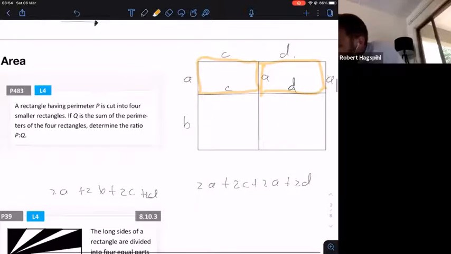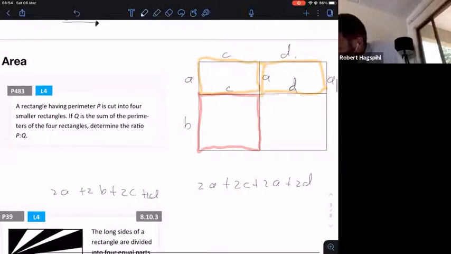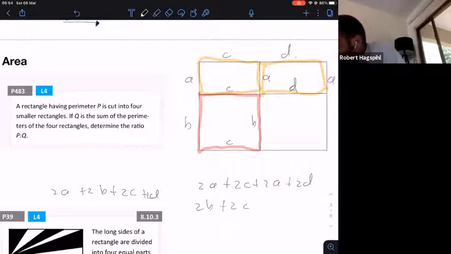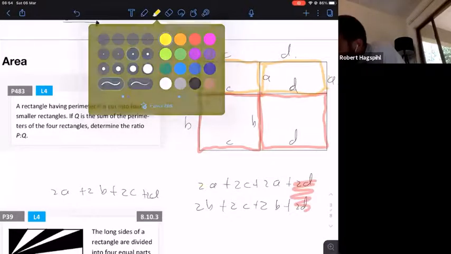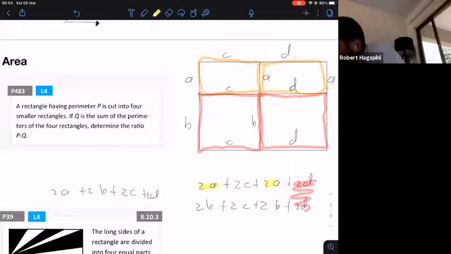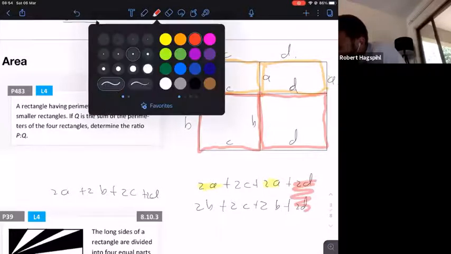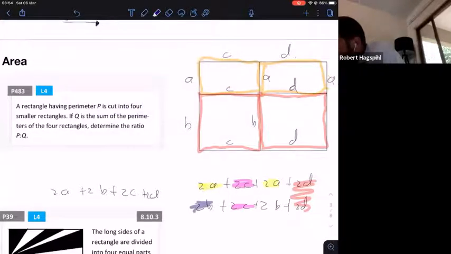For the red rectangle, I'm going to get 2B plus 2C. And for this rectangle, I'm going to get 2B plus 2D. And if I simplify this, I'm going to get 4D, 4A, 4C, and 4B.